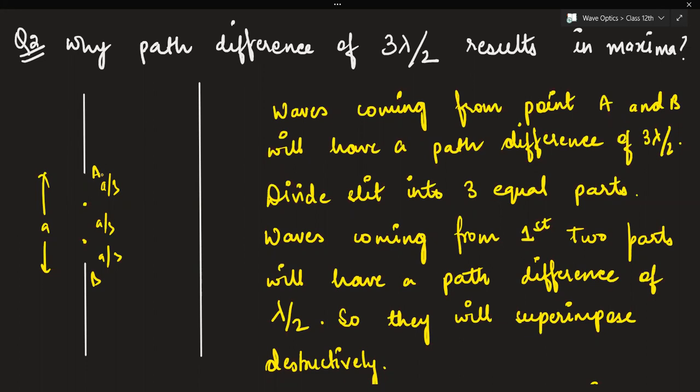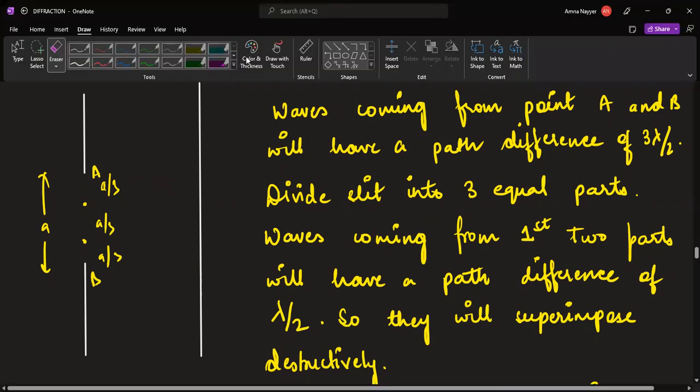See, the first two waves, from the first part and from the second part, will have a path difference of lambda by 2, the way we have just studied above. Understood? Waves coming from these two parts have a path difference of lambda by 2, so they will superimpose destructively. The first two parts are similar to the one that we have just seen above.